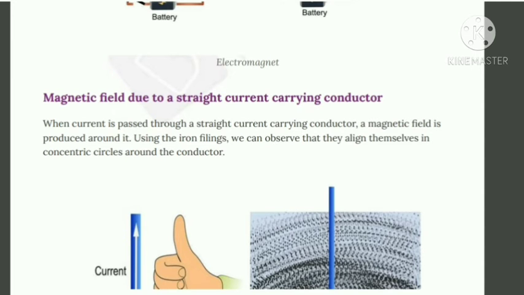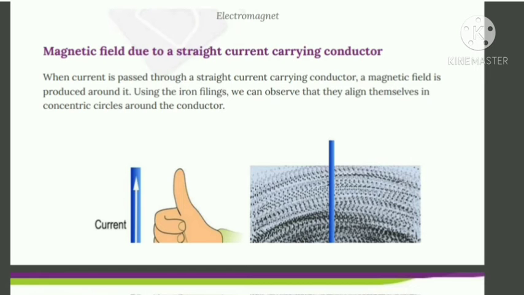electric current. Now when current is passed through this straight conductor, this is the straight conductor or wire which is put straight, and using iron filings, we have to check the magnetic field pattern around this straight conductor.